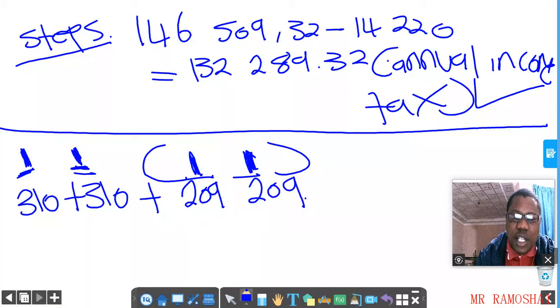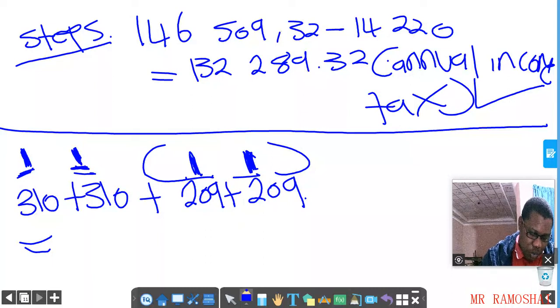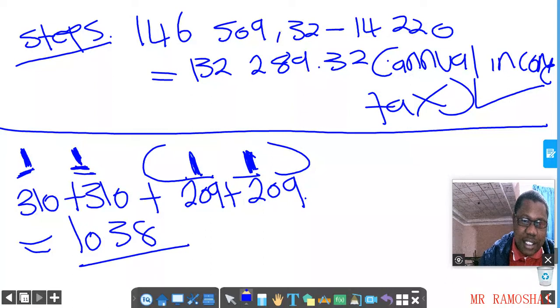Then he will pay 209 for the first grandchild, and again 209 for the second grandchild. So all in all, he's going to pay 310 plus 310 plus 209 plus 209. So all in all, per month he is going to pay 1,308 for the medical aid credit.